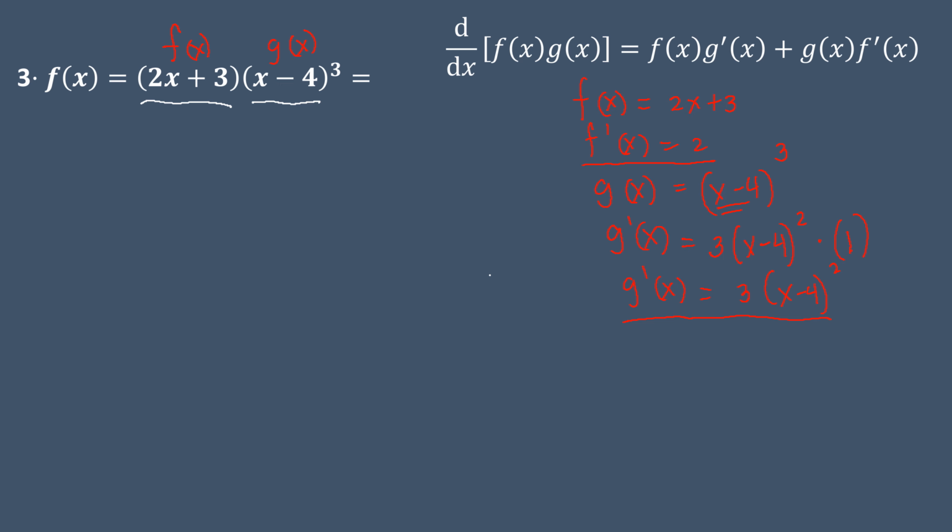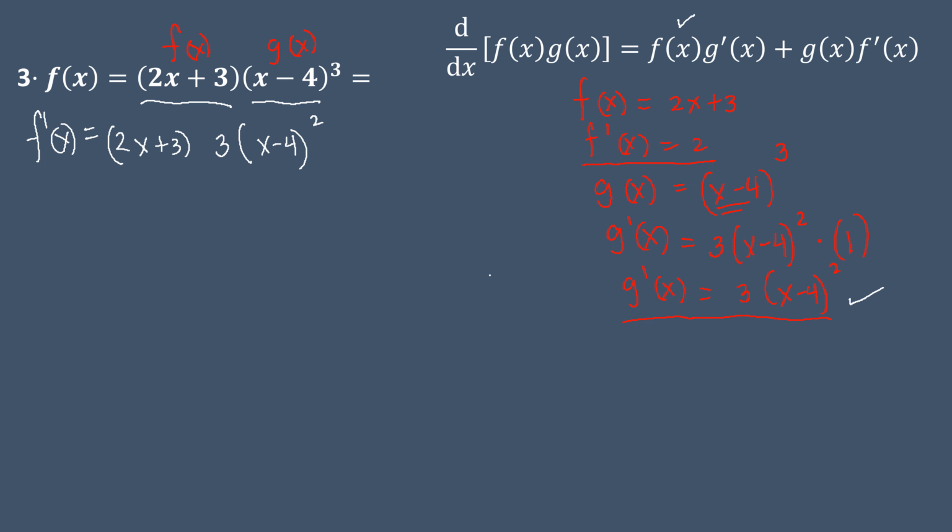So let us now start getting the derivative of our function. Therefore, the derivative will be writing the first function as is. So our first function is 2x plus 3 times the derivative of our second function. Remember that the derivative of our second function is 3 times the x minus 4 to the power of 2.